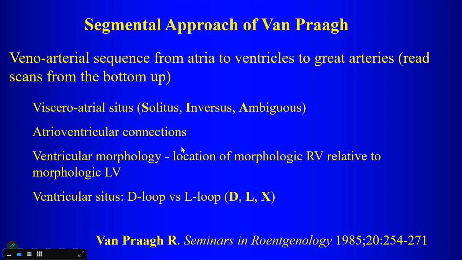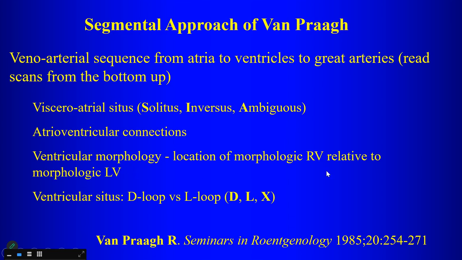Then we look at the atrioventricular connections, right? Is the morphologic right atrium connected to the morphologic right ventricle? We call that atrioventricular concordance, right? If the morphologic right atrium is connected to the morphologic left ventricle, we call that atrioventricular discordance, right? Look at ventricular morphology.